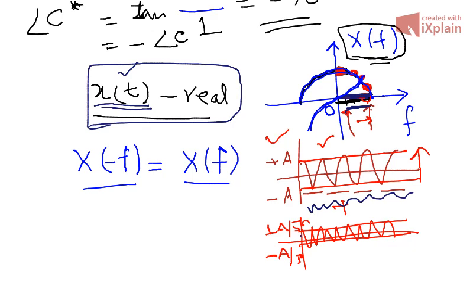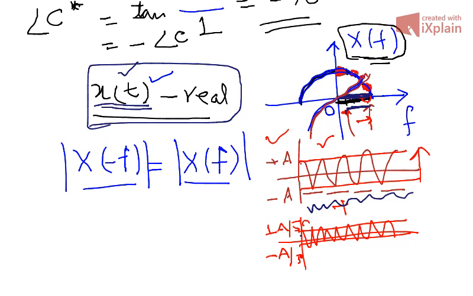Now for a real x of t, the magnitude of X of minus f will be the same as the magnitude of X of f. And if you observe the phase response, you also try to find out the phase spectrum.